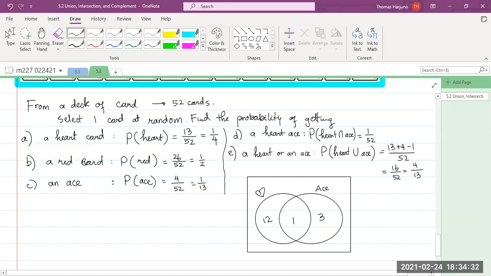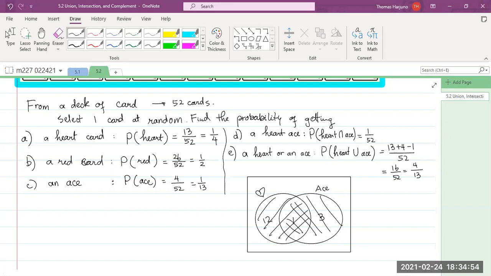Does it make sense? So how many hearts or aces? There are only 16. 13 of them hearts, 4 of them aces, but 1 of them is double counted.